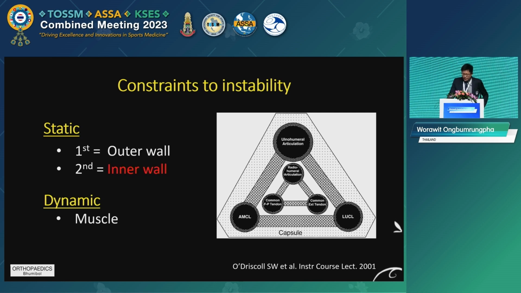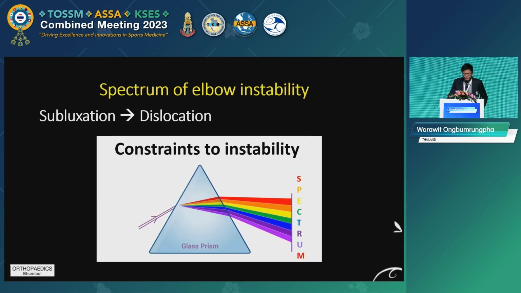Then the inner wall, or secondary line of constraint, becomes important if the first three are violated. The radiocapitellar joint is in there as well, and the other secondary stabilizers are the common extensor and common flexor tendons. The dynamic stabilizers, the muscles, provide protection or constraint.